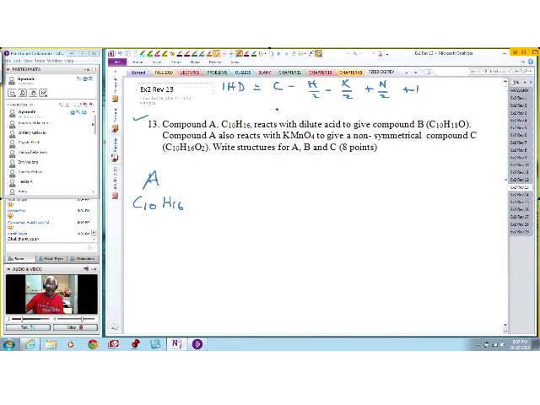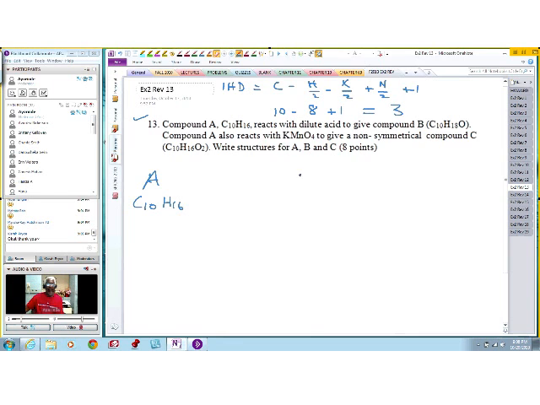Here, carbon is 10. Hydrogen, 16 divided by 2, that is 8. No halogen here, no nitrogen, so that is plus 1. So therefore, the index of hydrogen deficiency is 3.